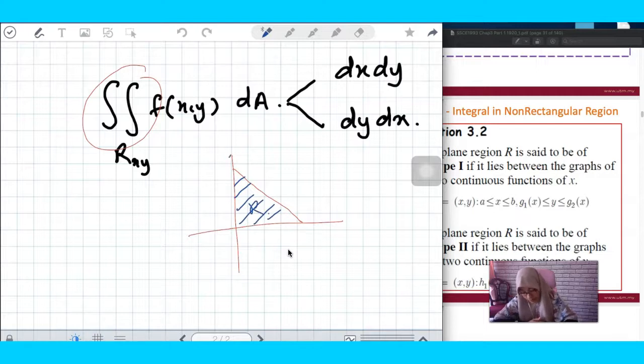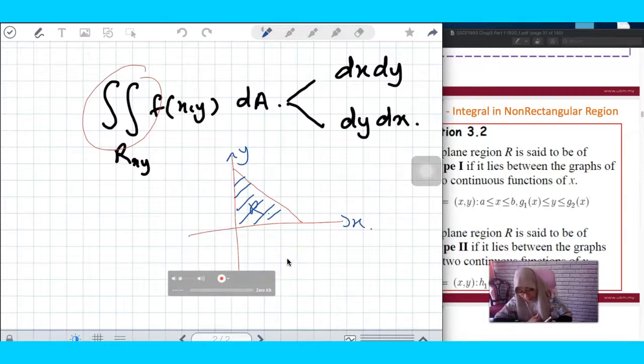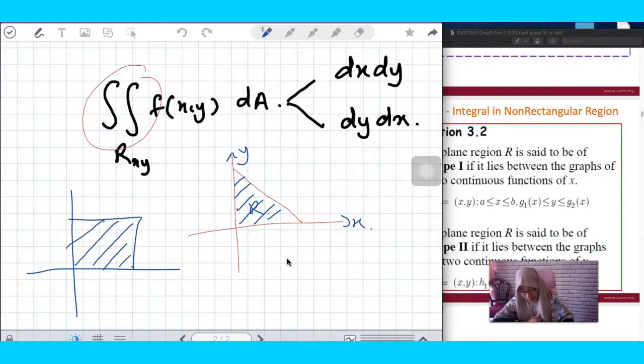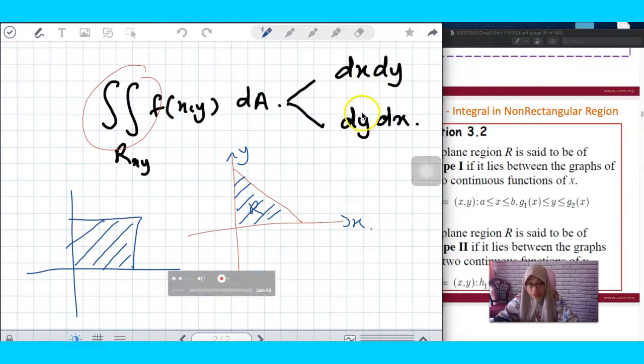Okay, on the xy-plane. Last time, all the limits of x and y were constant, so that's why you get a rectangle. So it's just easy, because you just determine which order of integration you want to use, but that is still based on the integrand that you have.